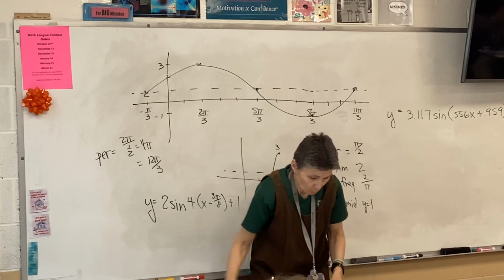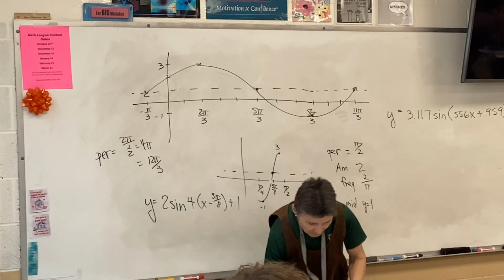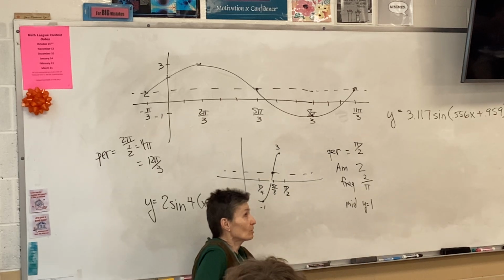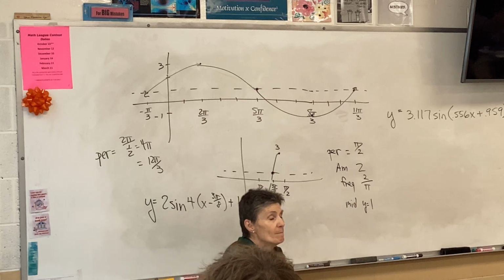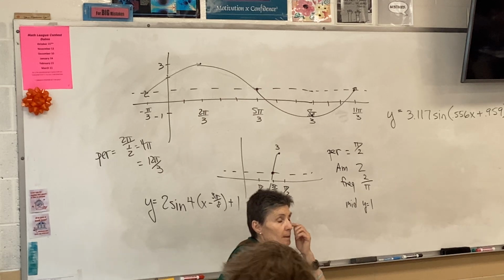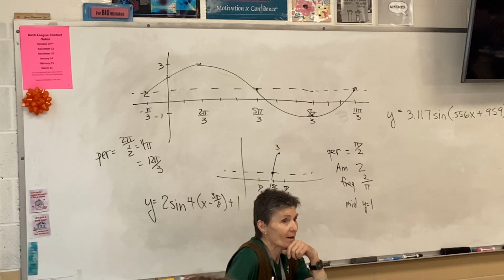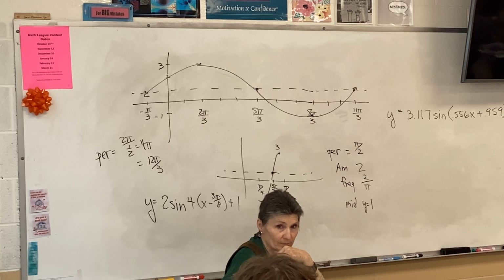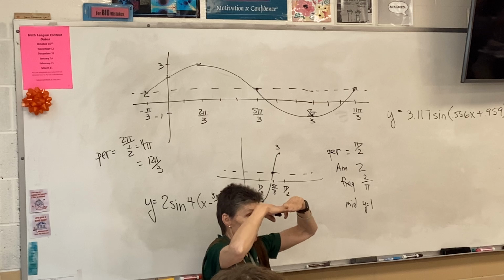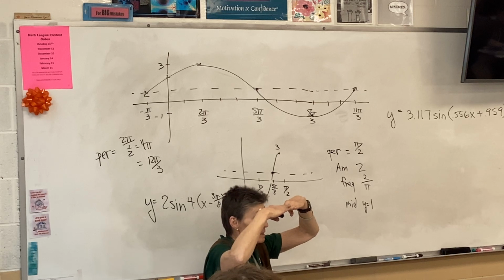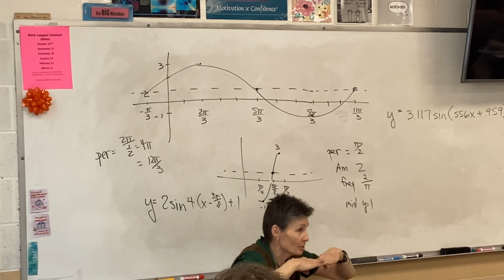Now, note the question. All right, the question is find the minimum value. You can do that without graphing. It's a sine curve. Tell me about the minimum. Here's the midline. What do you know about the minimum? It's going to be 1 amplitude below.